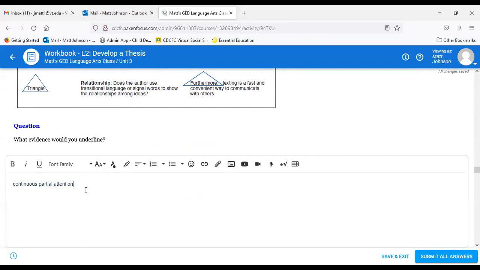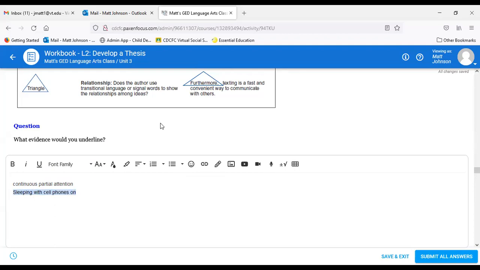What would be another? Sleep with the cell phone and get up in the middle of the night. Yes, sleeping with cell phones on, or smartphones at this point. Okay, so put that in there.